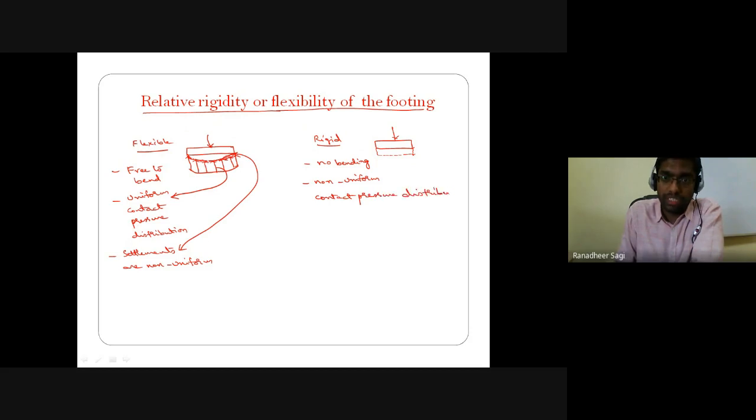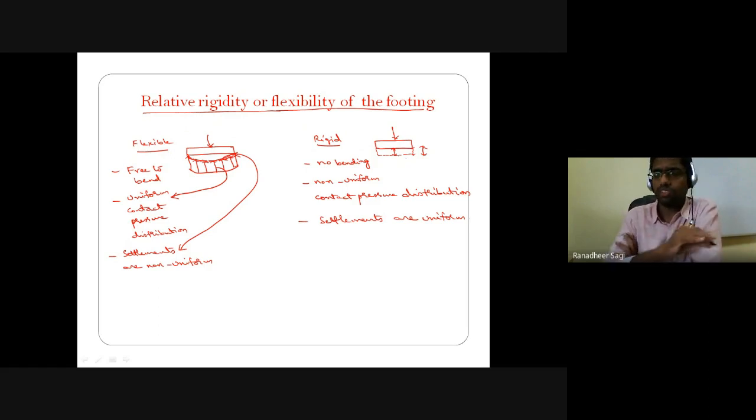So your contact pressure distribution is going to be non-uniform, but your settlements in that particular rigid footing are uniform. Okay, so the settlement wherever you calculate, at the center or maybe at the edge, the amount of settlement what you are coming across with in the case of rigid footing is going to be same everywhere, irrespective of the type of soil in which that foundation is resting on.